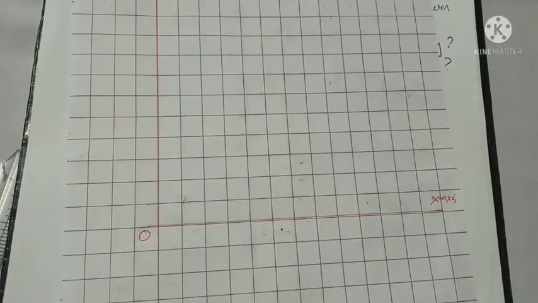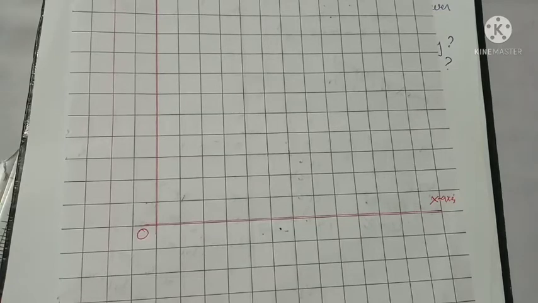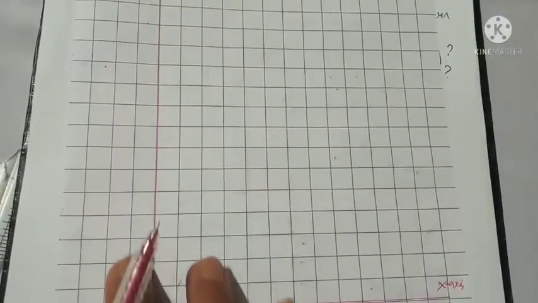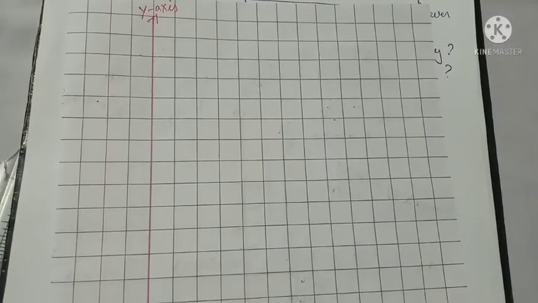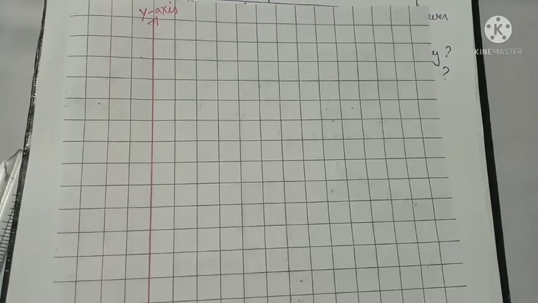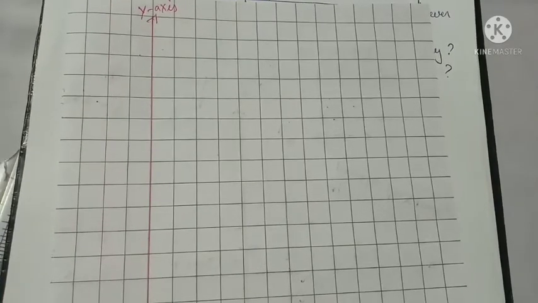Next, in the horizontal axis we have to mark the class interval, and in the vertical axis the frequency from the frequency table. Here the class interval starts from 0 to 10. This is the base, so this will be the class interval.